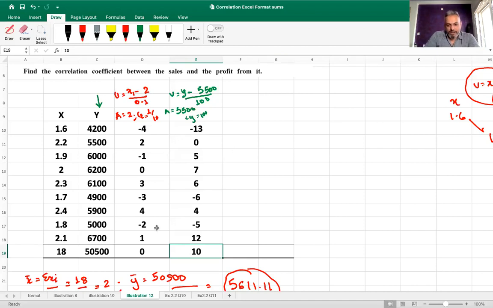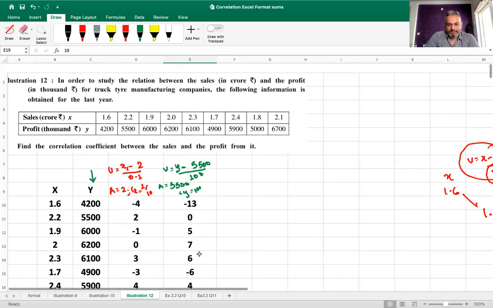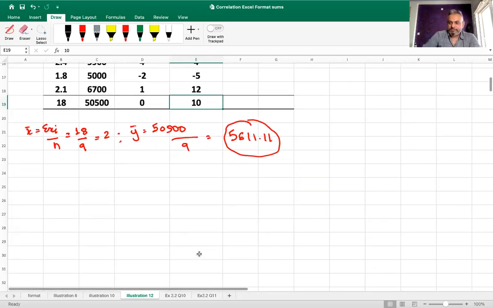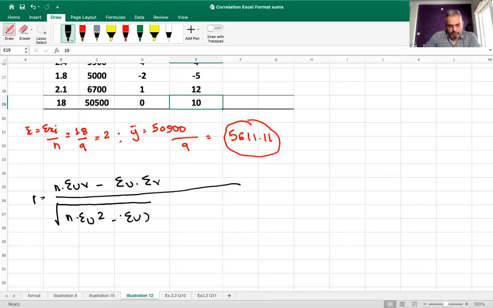Now we have got sigma u and sigma v. Now we write the formula. Formula is r is equal to n sigma uv minus sigma u into sigma v upon under root n sigma u square minus sigma u the whole square, under root n sigma v square minus sigma v the whole square.